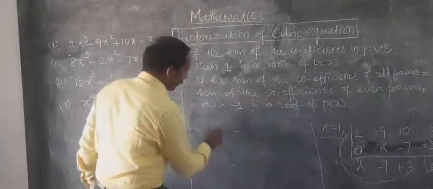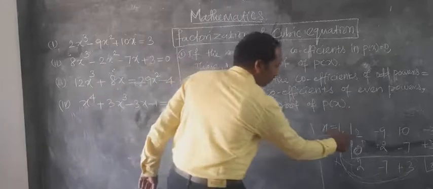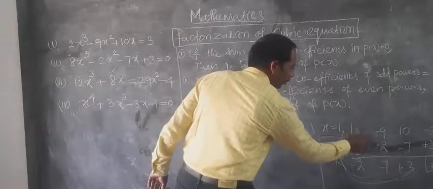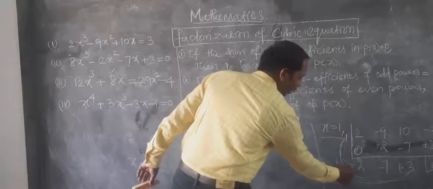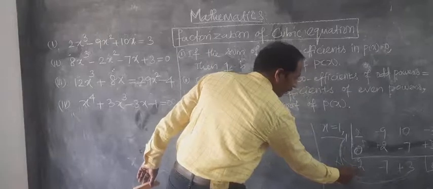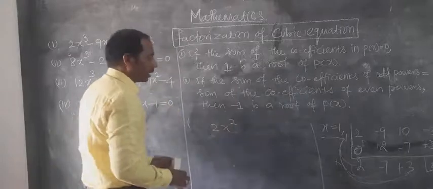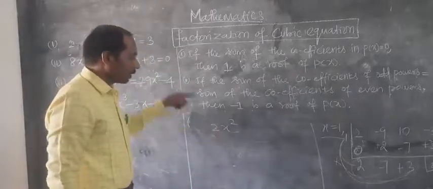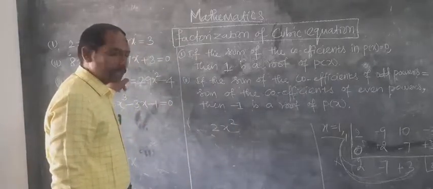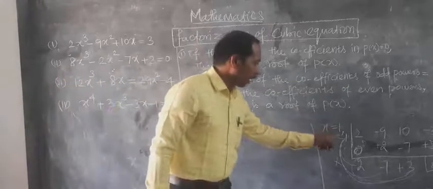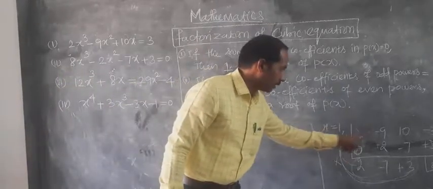So next step, here the 2x power 3, but we reduced. So that is how you have to start: 2x square, not x power 3. The given problem already starts with the power 3, but using 1 as a root, we reduced the equation.